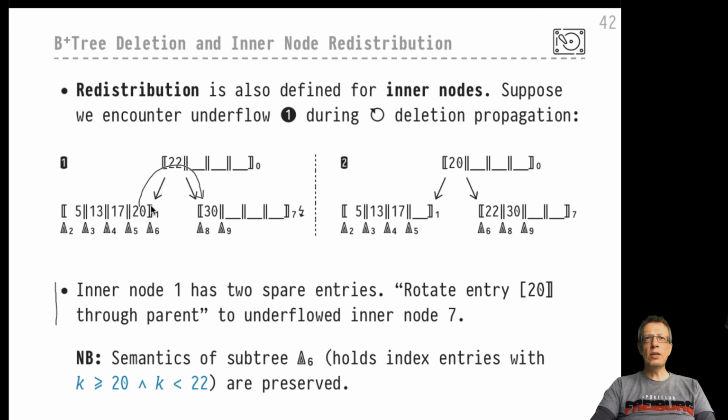So we are rotating the entry, we place its separator entry here, and its page pointer is being moved down here. You see the page pointer of 20 has been pointing to 6 here, and you will find that subtree 6 now wired in at this place.